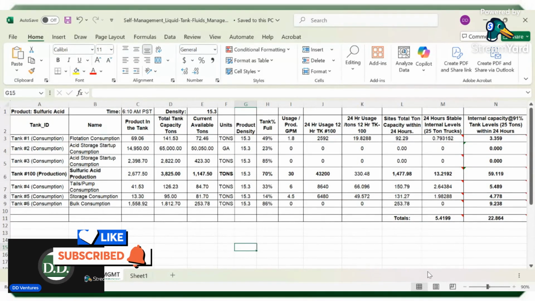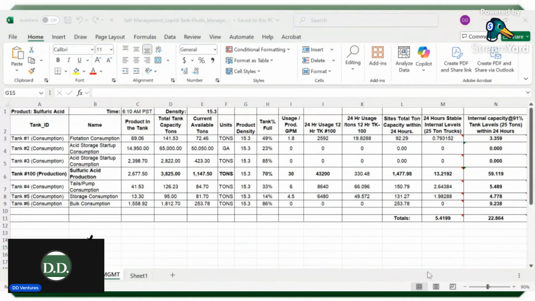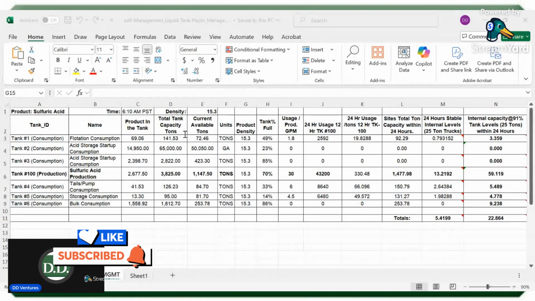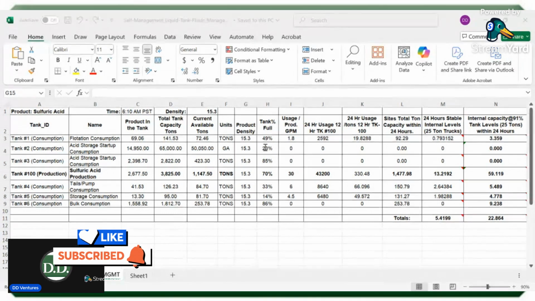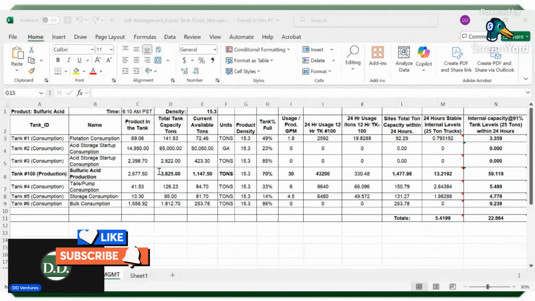So that's this particular example. Now, column M is really calculating whether the production tank stays at 70%. It calculates tons produced in a day divided by 25 tons to get the number of trucks that need to be moved in a 24-hour period at 30 gallons per minute.